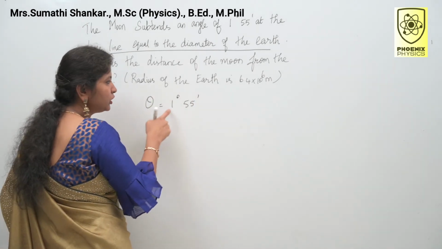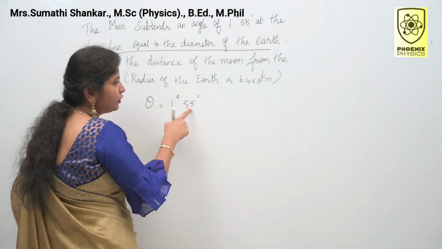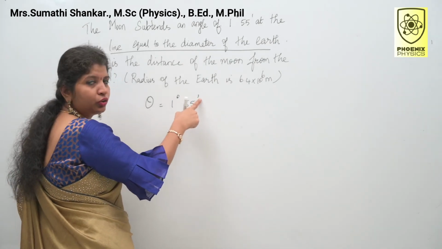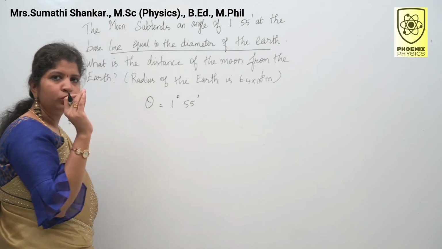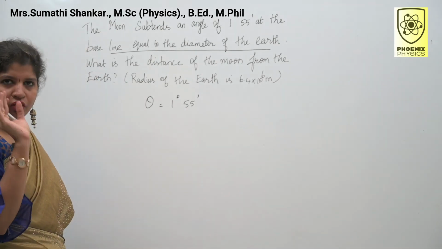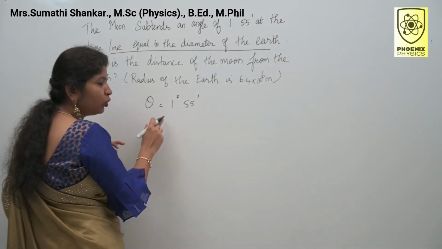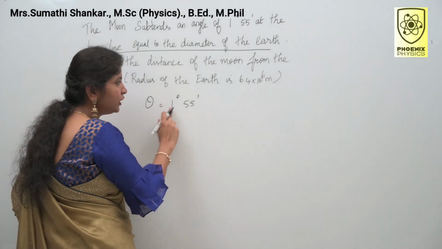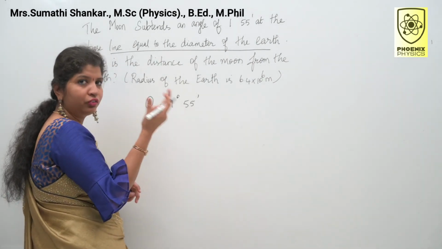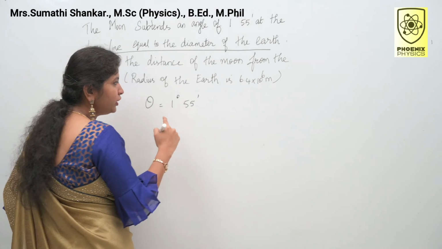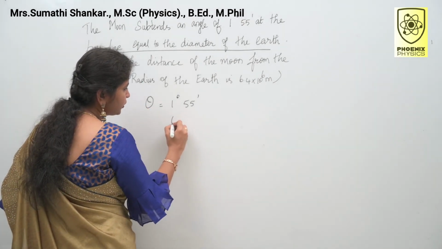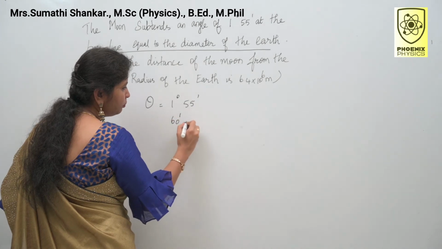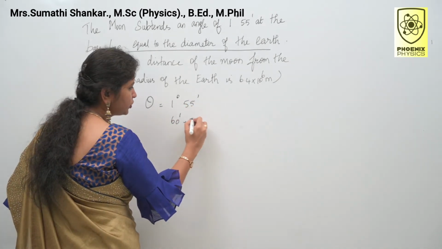Okay, we have to convert this 55 minute into radian. Okay, theta should be measured in radians. So I am going to convert this degree and minutes in terms of radian. You know 1 degree has 60 minutes, 60 minutes plus this 55 minutes.